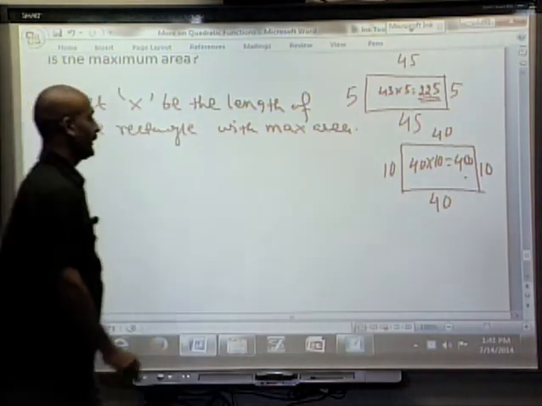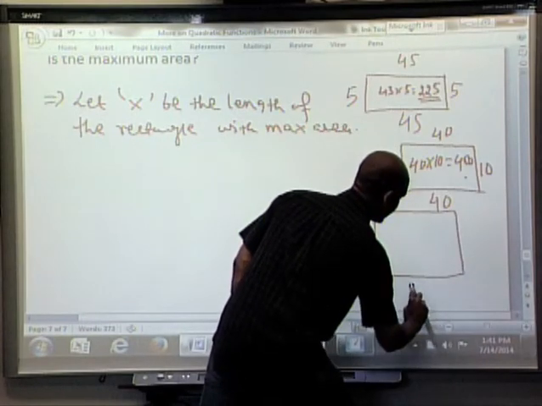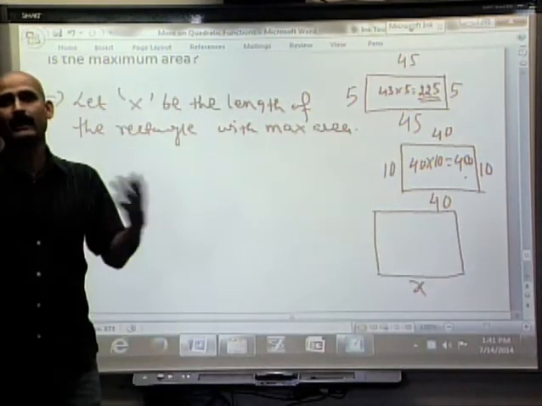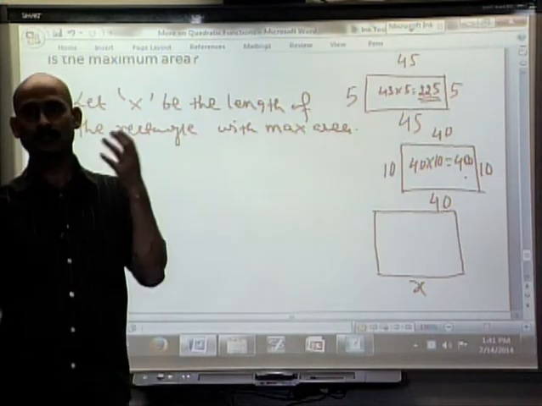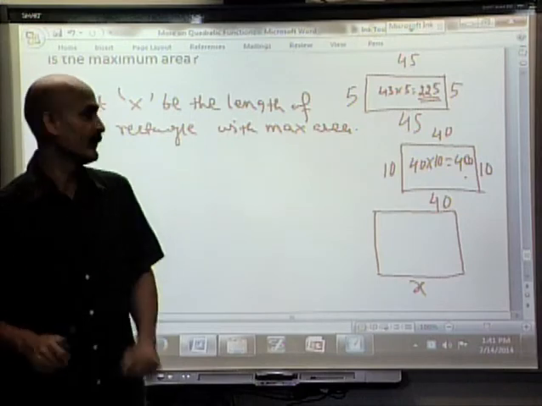What I am assuming here is a rectangle of maximum area and I am taking the length to be x. I do not know how much x is, we have to find that, but I am assuming that value to be x for right now.